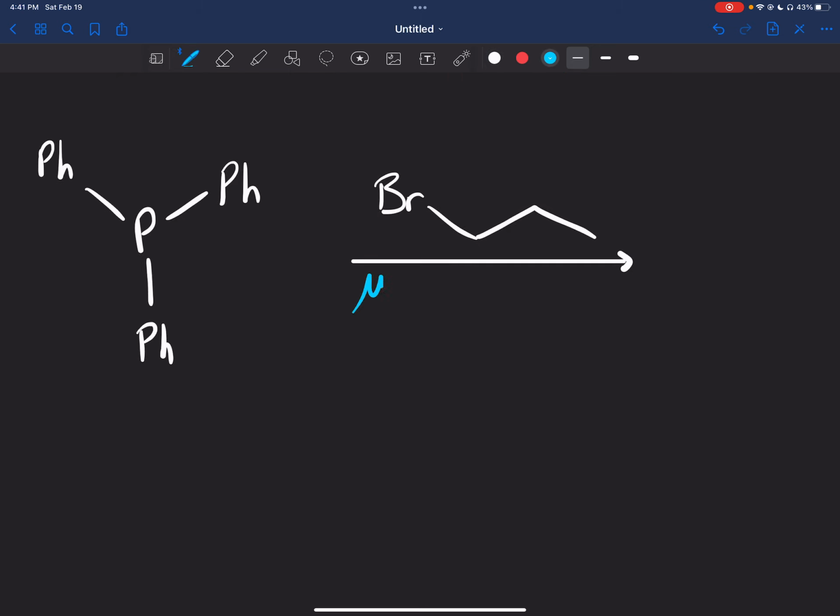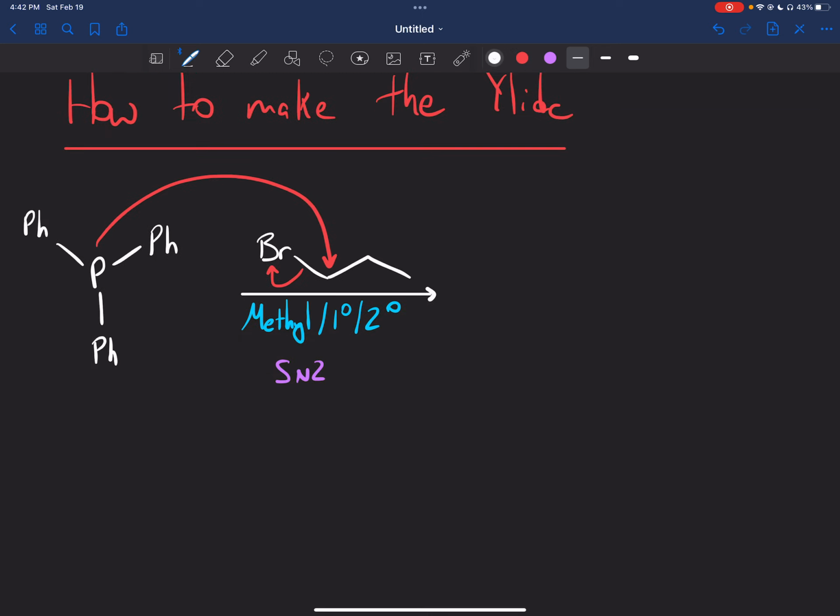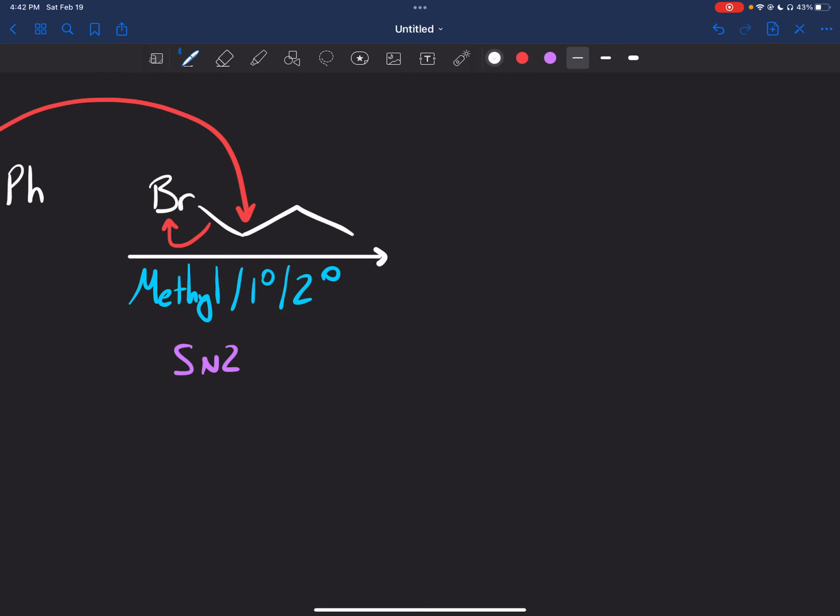So you can use a methyl, primary, or a secondary alkyl halide, and this reaction is an SN2. So the first arrow is the phosphorus attacking that carbon, kicking the Br out, so it replaces it. So what do we get?